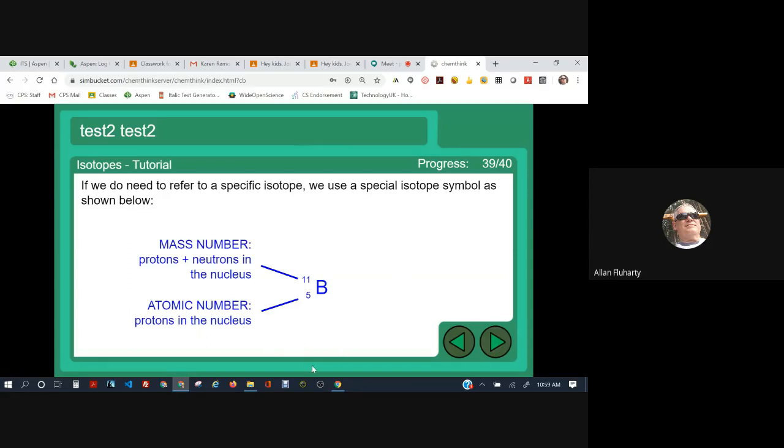Again, this is kind of a review. How do we experimentally determine whether it's one isotope or the other isotope? Well, they have different masses, so we can design some kind of apparatus or experiment that will cause the different masses to settle out.